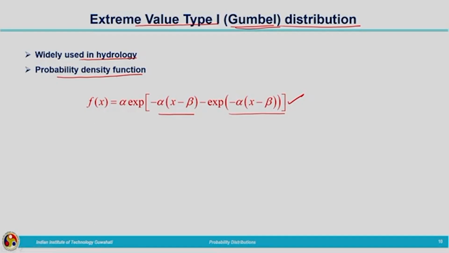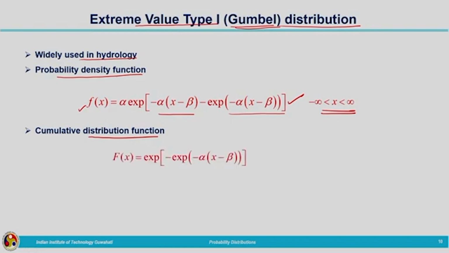This is very commonly used in hydrologic analysis, especially in the case of frequency analysis. X can take the value between minus infinity to plus infinity. Coming to the cumulative distribution function, small f of x is representing the probability density function of Gumbel's distribution, and the cumulative distribution is given by capital F of x equal to e to the power of minus e to the power of minus alpha multiplied by x minus beta.